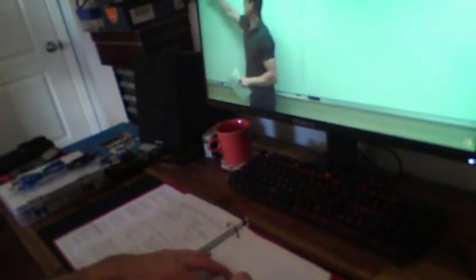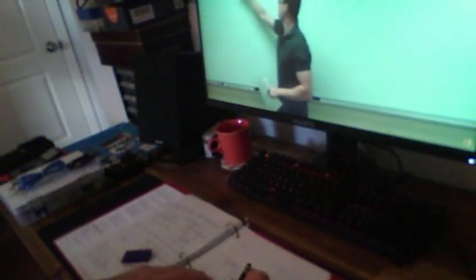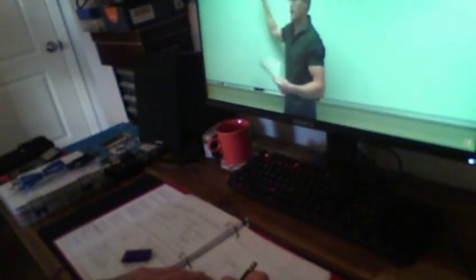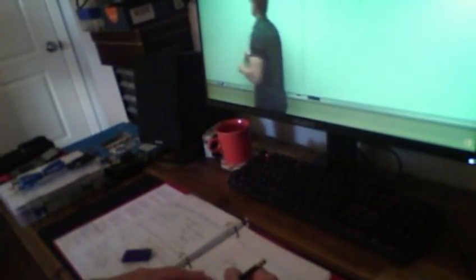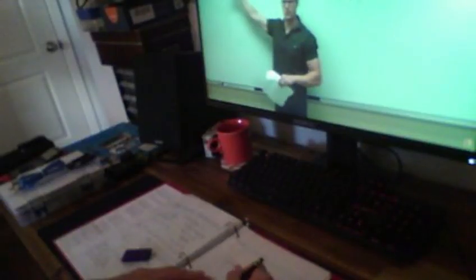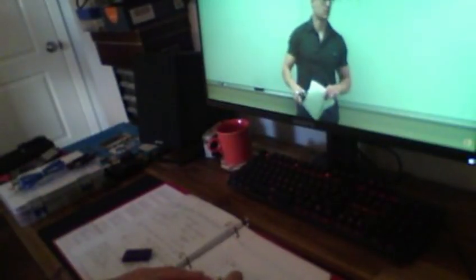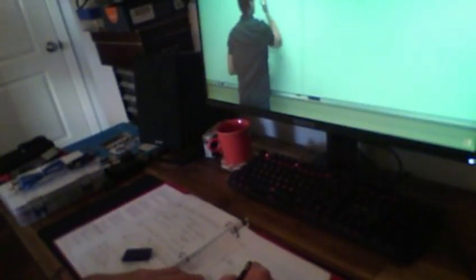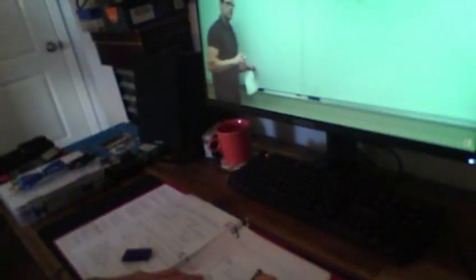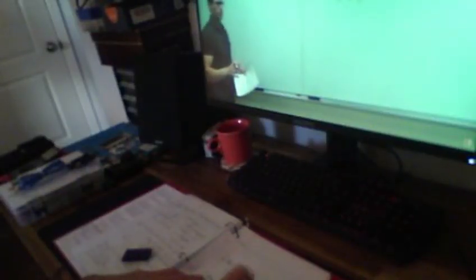So if the derivative of x is 1, the integral of 1 is x. Why? Think about it. You're undoing a derivative, right? That means if you take a derivative of this thing, it should hit it. No, we're missing something here. Plus c. You okay with this so far? Okay. Let's do this in general.